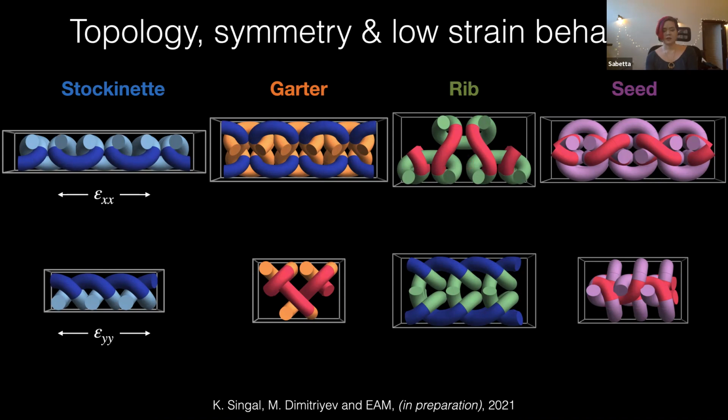Even though it has odd symmetry and seed has odd symmetry, we can look at the slope of these pieces to see why this one's so much softer. These are nearly vertical, whereas these are getting a little bit beyond 45 degrees. So we can see where the difference in those stiffnesses comes from.